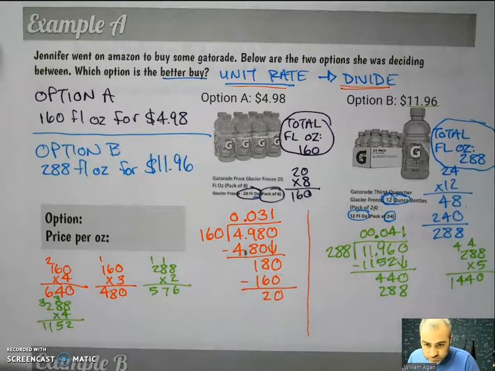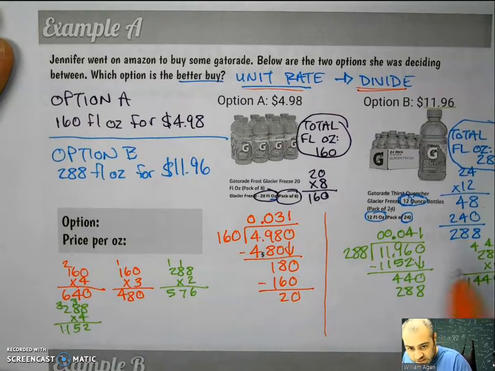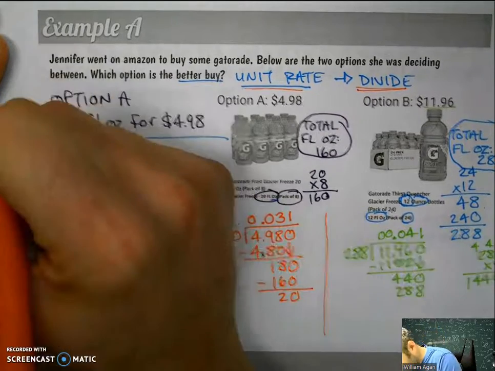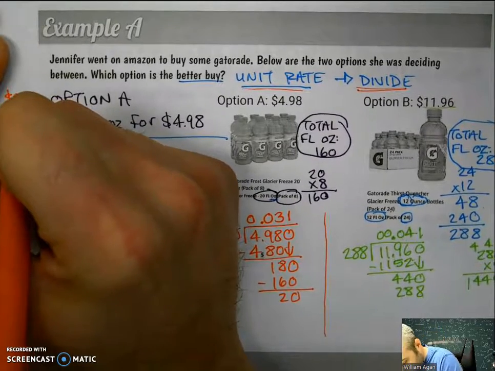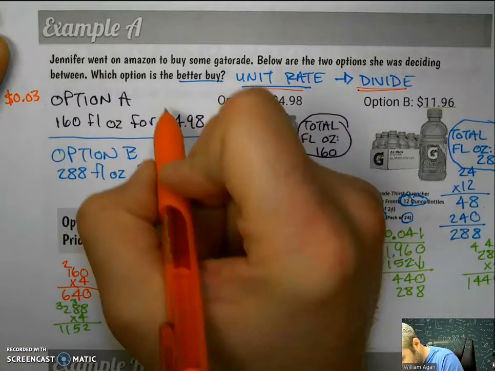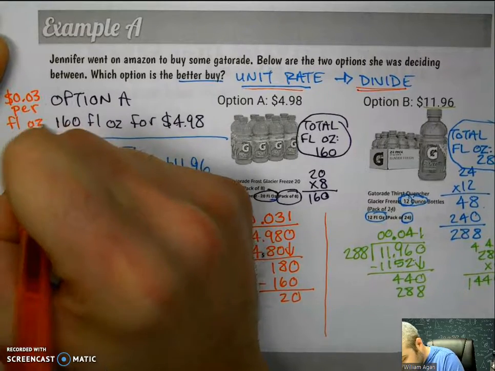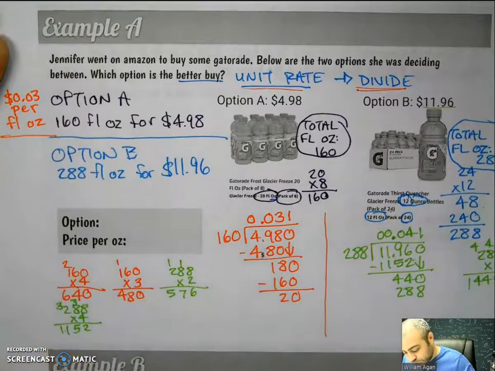Okay, so I have my two numbers. Option A is $0.03. I rounded it. Per fluid ounce, that is the unit rate.